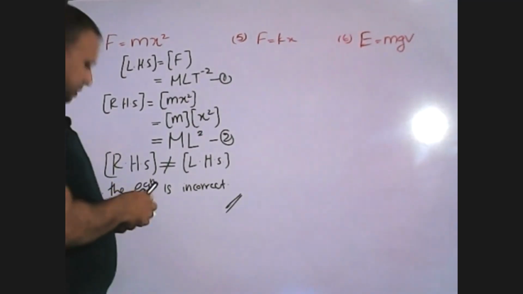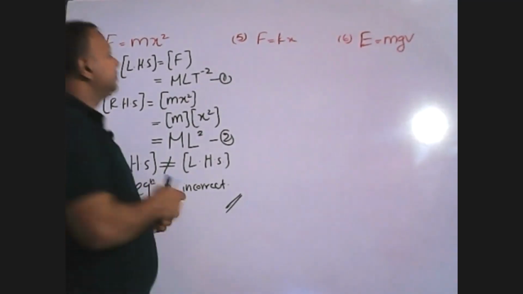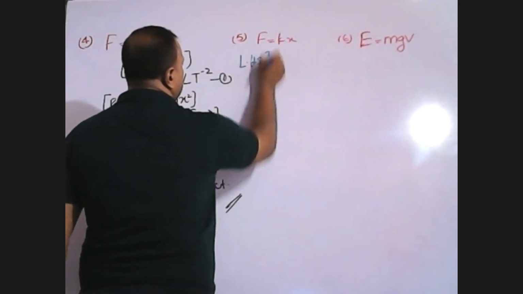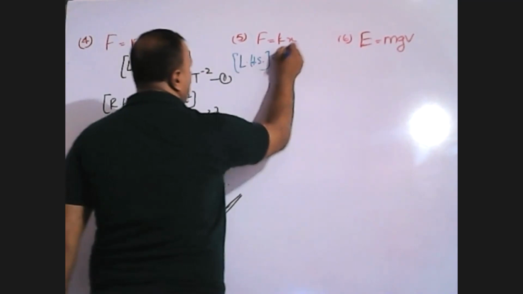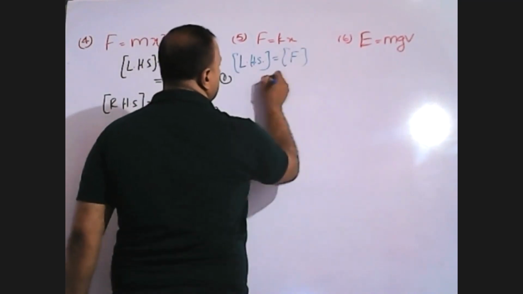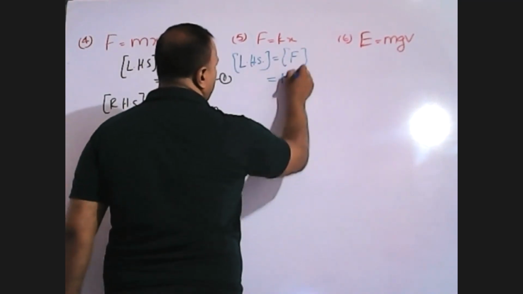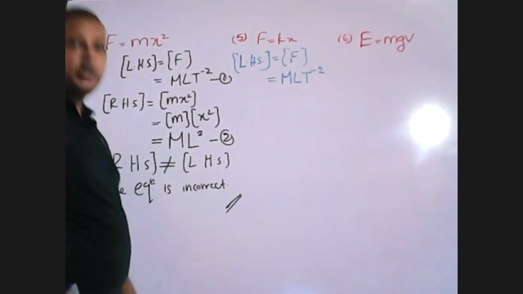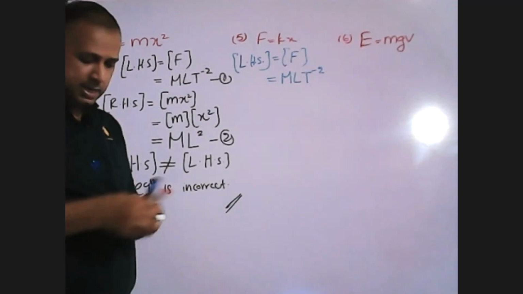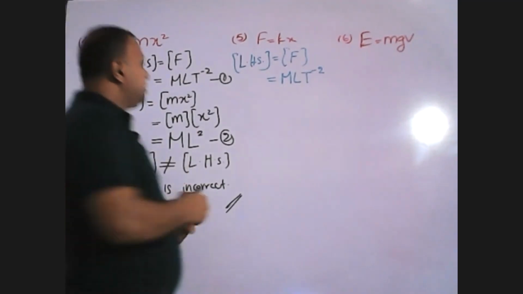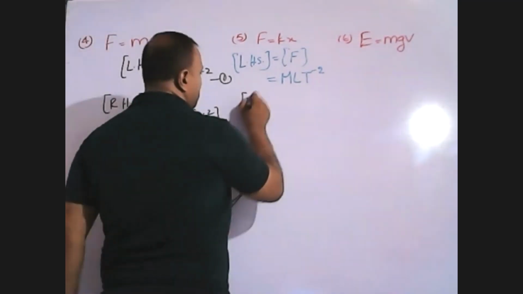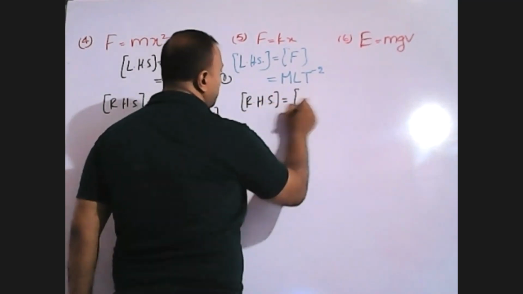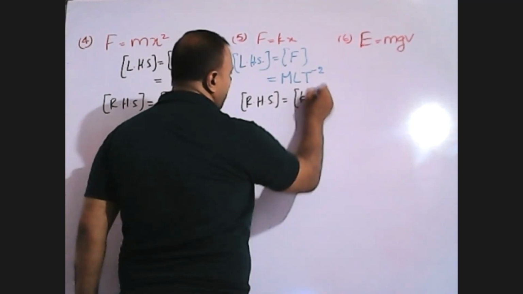Then this one. Dimension of LHS, it is a force, so dimension of LHS is MLT minus 2. Then dimension of RHS is equal to dimension of kx.